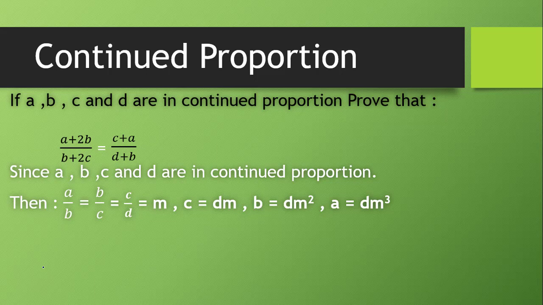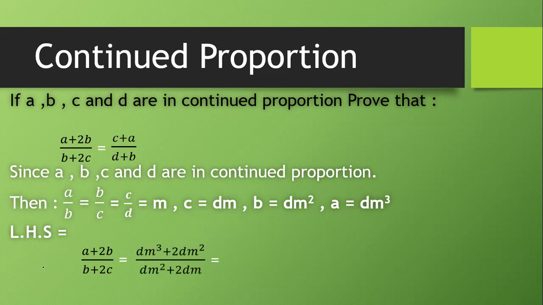Then I want the left hand side to be equal to the right hand side. Let's start with the left hand side: A plus 2B over B plus 2C. Instead of A I write dm power 3, instead of B I write dm power 2, and instead of C I write dm.